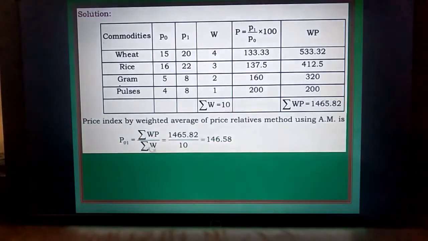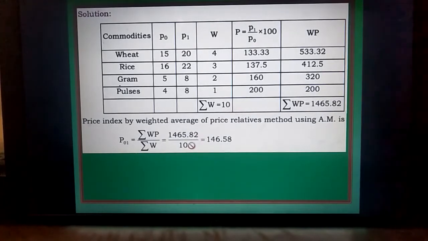So the formula is also known. Price index number by weighted average of price relatives method using arithmetic mean is P01 equal to sum of WP divided by sum of W. Substitute the values. Here sum of WP is there and here sum of W is there.